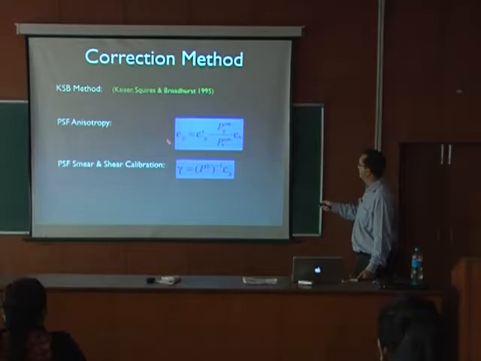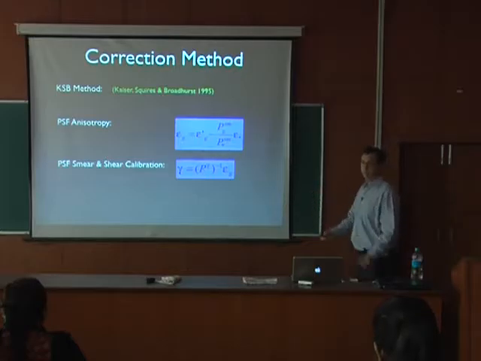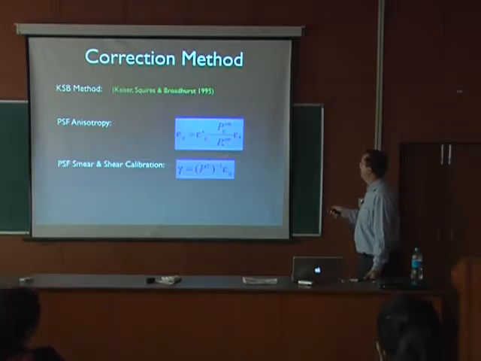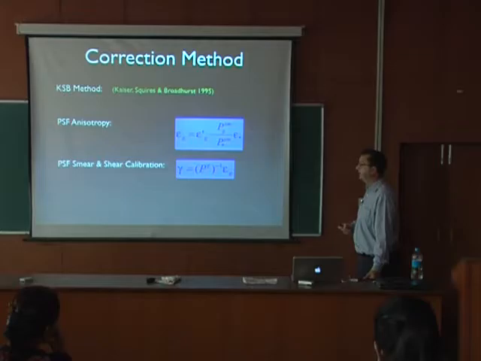So the one before the convolution by the point spread function, which is the one you want, is equal to the observed one, the one that you see after the convolution by the point spread function, plus a correction term, which is proportional to the ellipticity of the PSF that you have in your model, times some factors which are called smear susceptibility tensors, which are measured from moments of the star, of the point spread function light image, and moments of the galaxy.